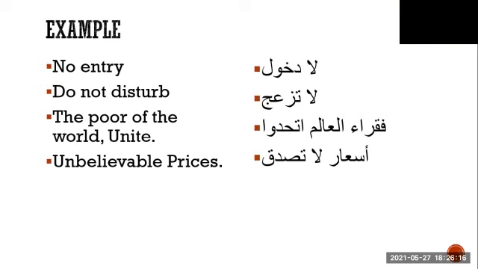What do we mean by لا دخول? ممنوع الدخول. Okay. So the translator here replaces no with not allowed to. Do not disturb, لا تزعج, but then it's meaningless. ممنوع الإزعاج أو نرجو عدم الإزعاج، أو الحقيقة بقى نرجو الهدوء.